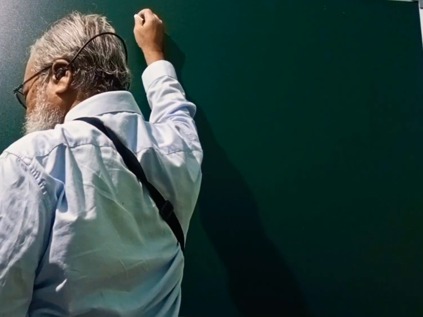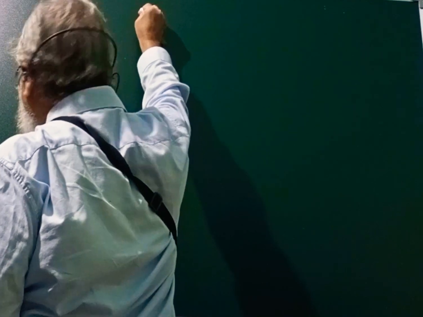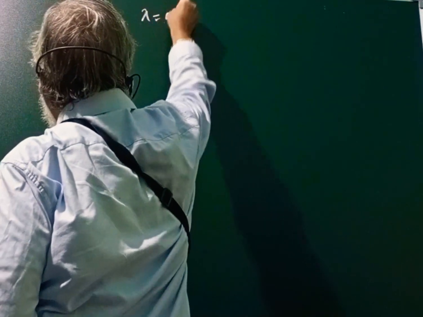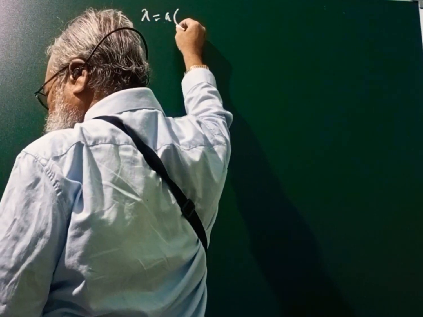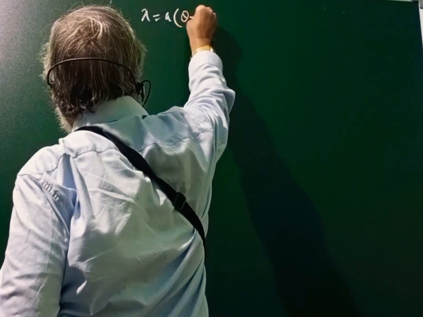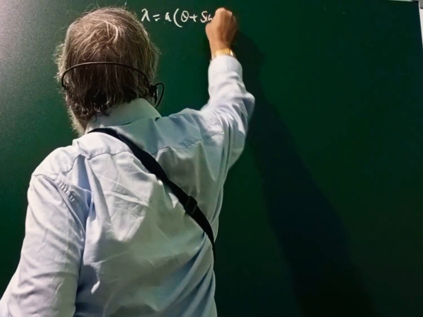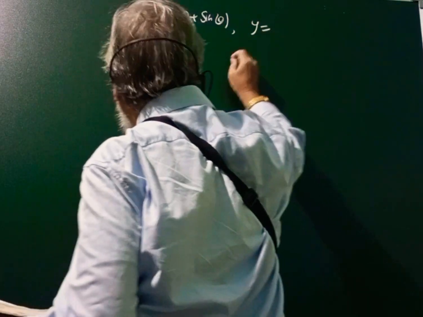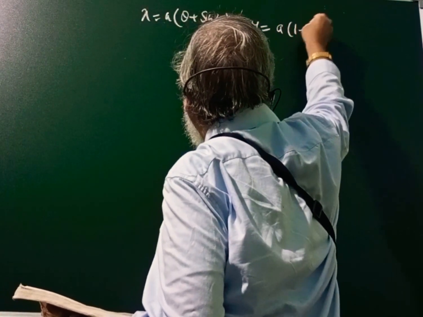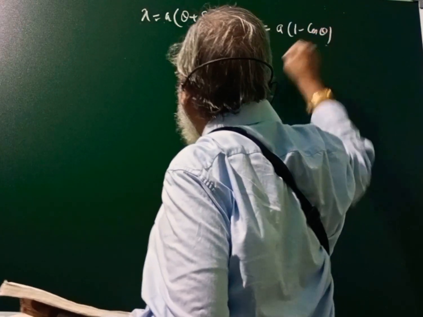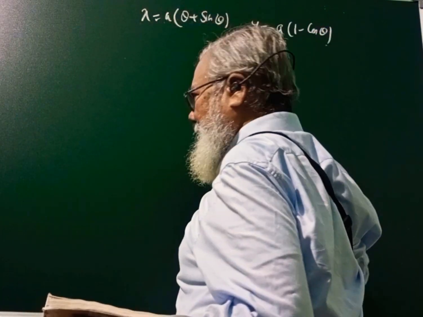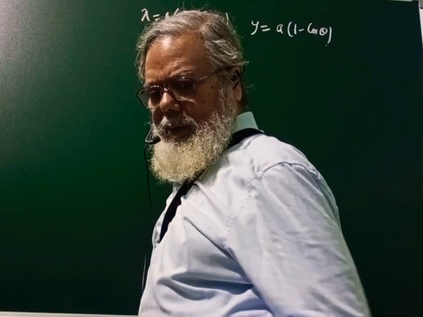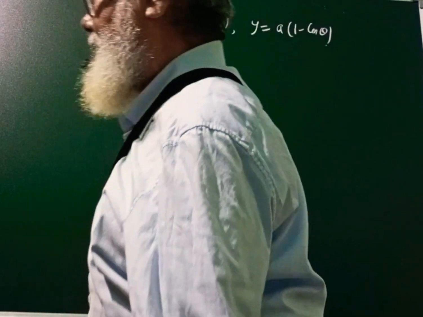Next problem. X is equal to a into theta plus sine theta. Y is equal to a into 1 minus cos theta. Find dy by dx.